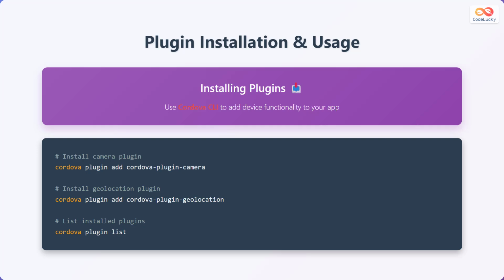Once installed, plugins automatically integrate with your project and become available through JavaScript APIs. The installation process downloads the plugin code, configures platform-specific settings, and makes the plugin's JavaScript interface available in your application. This streamlined process allows developers to quickly add complex native functionality to their hybrid applications.